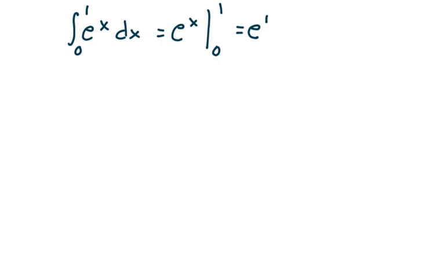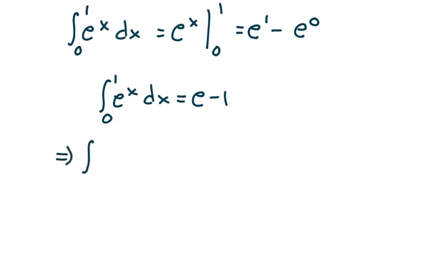If I replace x with 0, I get e to the 0, and I have to subtract. And so the integral from 0 to 1 of e to the x dx is then e minus 1. And so that implies the integral from 0 to 1 of e to the x cosine x dx must be bounded above by e minus 1. And that's how you do problem number 28.